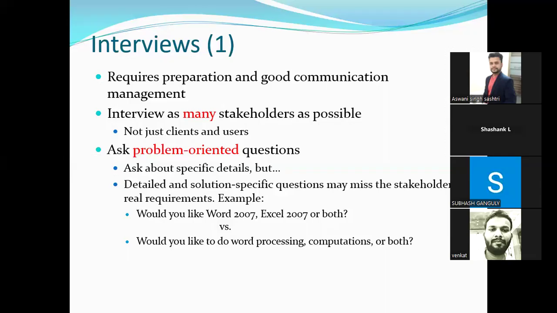And he will tell you that when he listens to the open-ended question, would you like to do word processing or computation work? So in the interview, the questions we ask should be open-ended, and they should give the client space and scope to speak up and give the requirements in more detail.